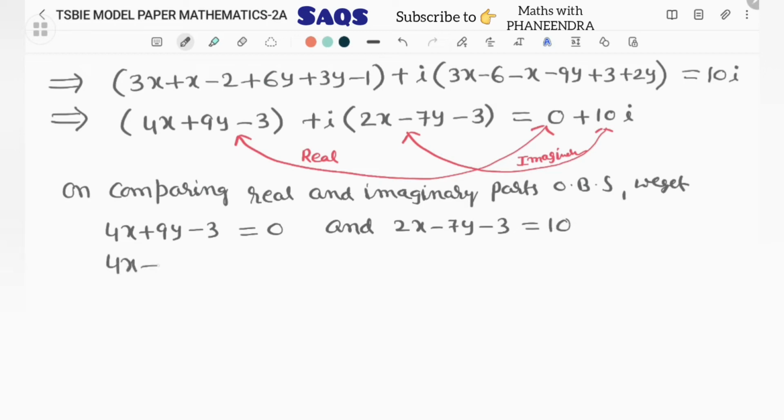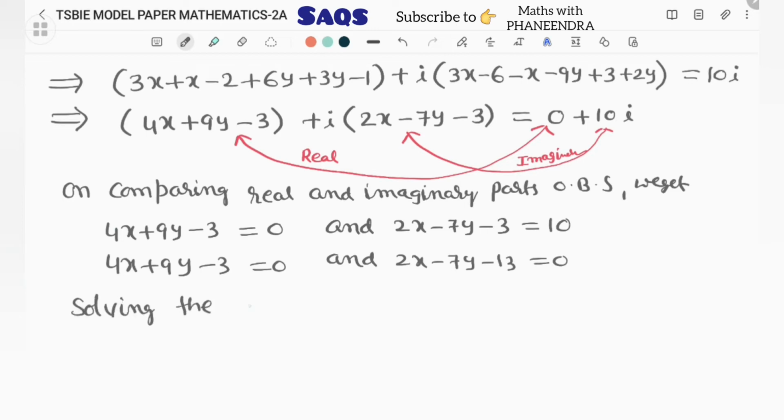So 4x plus 9y minus 3 is equal to 0 and 2x minus 7y minus 13 equal to 0. Now on solving these equations, you will get x comma y.